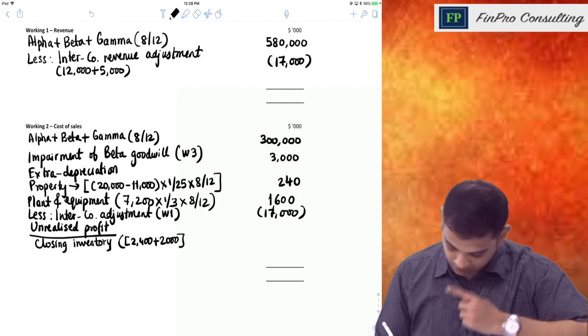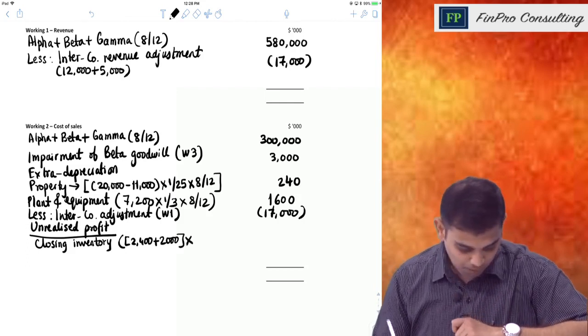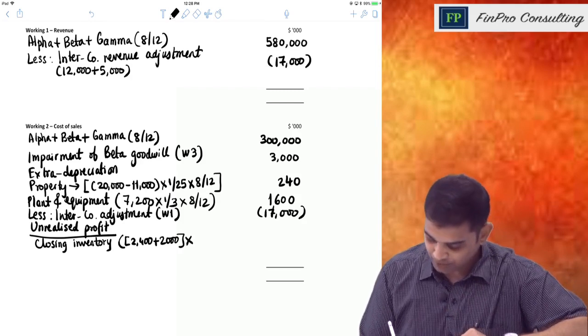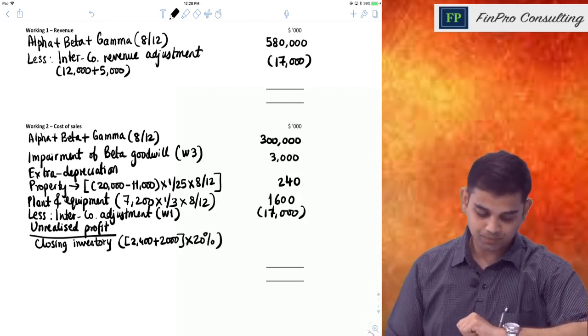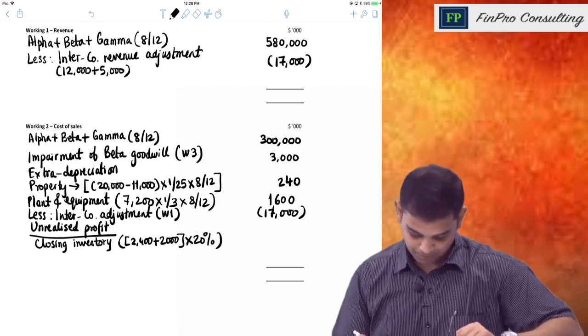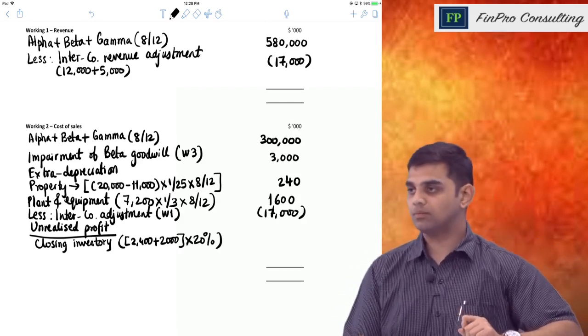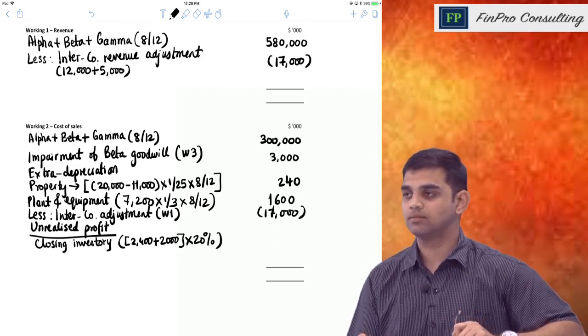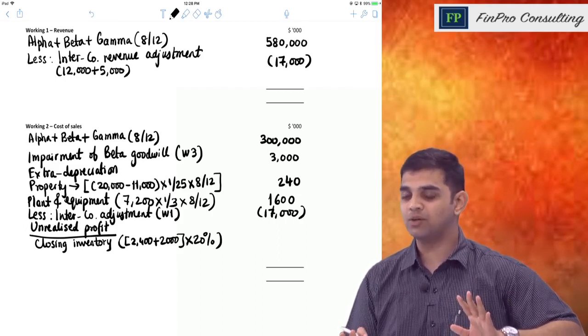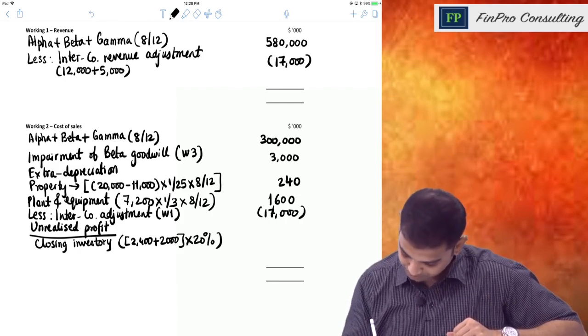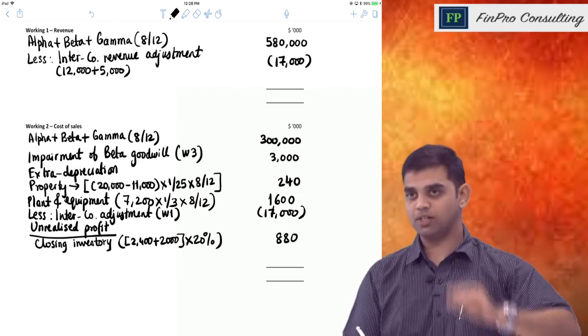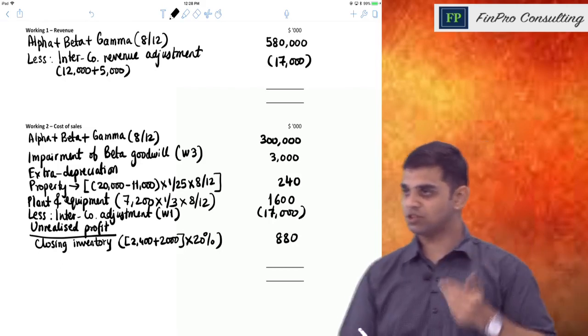This is my inventory amount into 20%. What is the amount? 880. Now add or less? I mean add to cost of sales or less to cost of sales? Add to cost of sales. Because I am reducing my profit. So add to cost of sales.